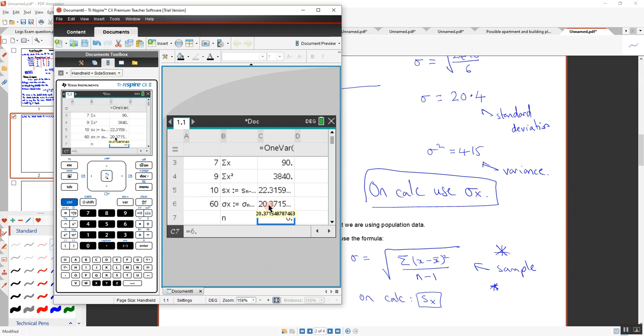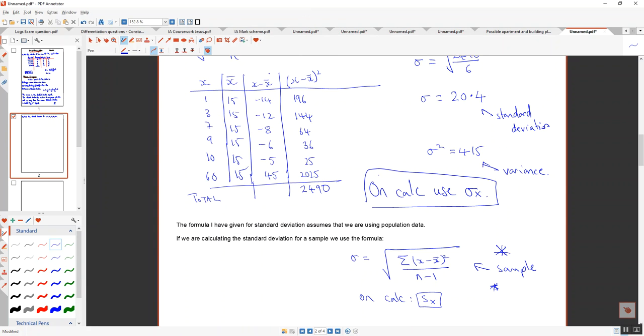However, if we're assuming that these 6 pieces of data are actually a sample from a population, the standard deviation is 22.3. But for what you need to know, you're just using this value. You do not need to worry about this at all.